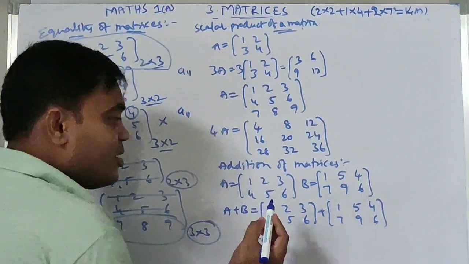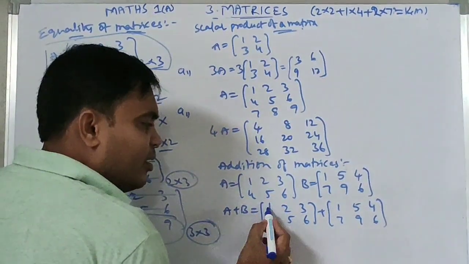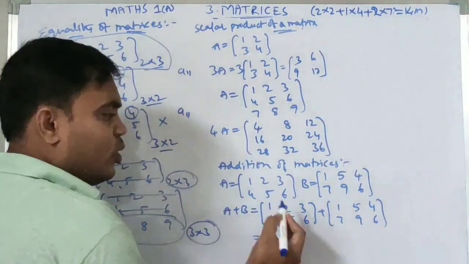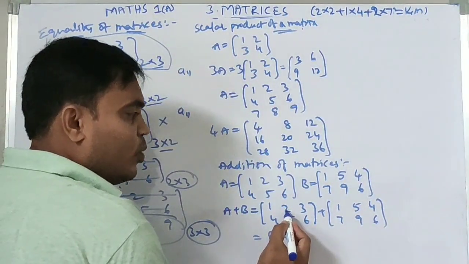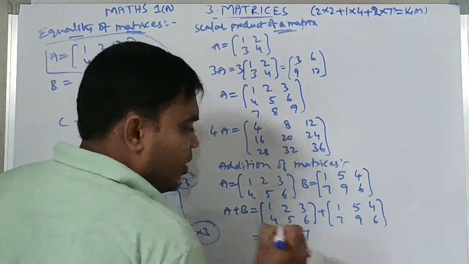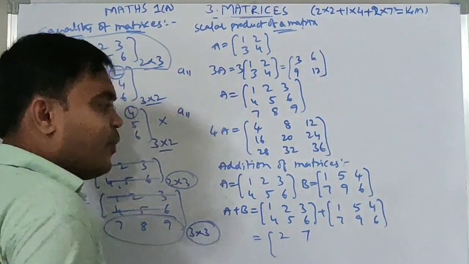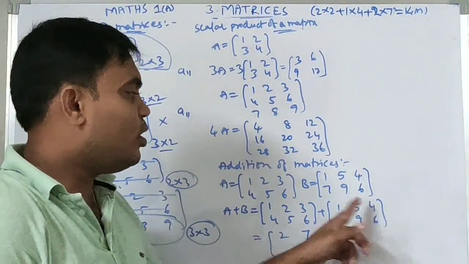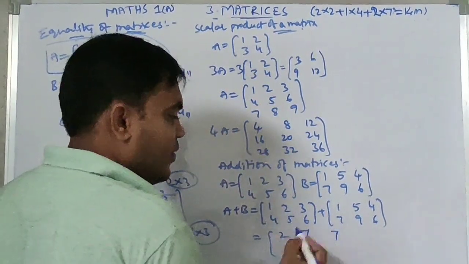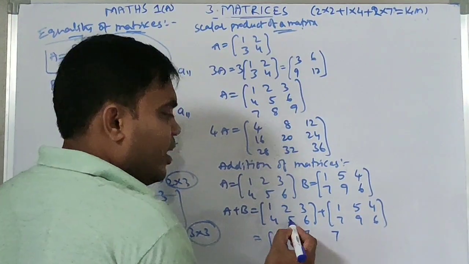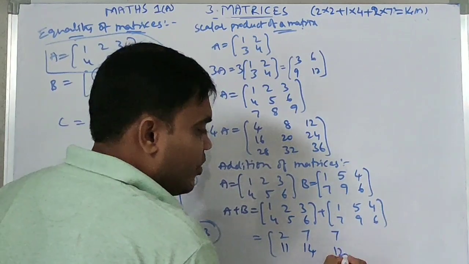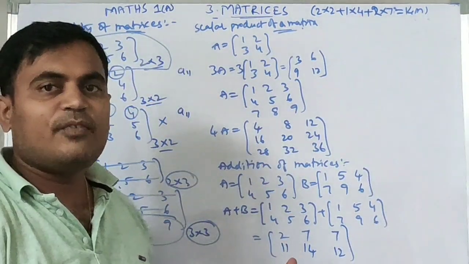What are the corresponding elements? 1, same place 1: 1 plus 1 is 2. 2, corresponding position 5: 2 plus 5 is 7. 3, corresponding position 4: 3 plus 4 is 7. Next 4, corresponding position 7: 4 plus 7 is 11. 5, corresponding position 9: 5 plus 9 is 14. 6 plus 6 is 12. So this is the addition of 2 matrices.